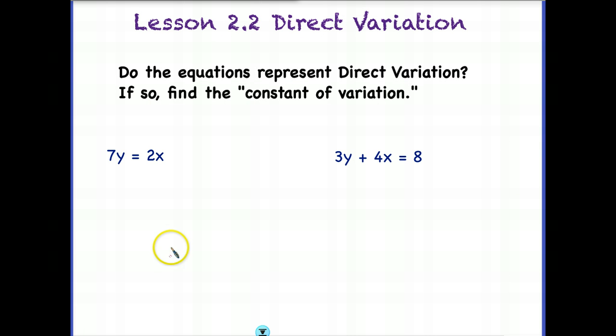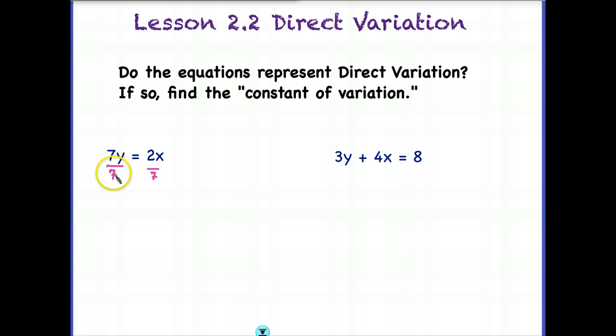So what we want to know is, do these equations represent direct variation? Well, it's really easy to figure that out. If we just put them in the y equals mx plus b form, we shouldn't see a b, right? Once we do that, it says find the constant of variation, and as we just learned, that just means find the slope. So for our first equation, we want to solve for y, so we would divide both sides by 7 in order to move the 7 to the other side.